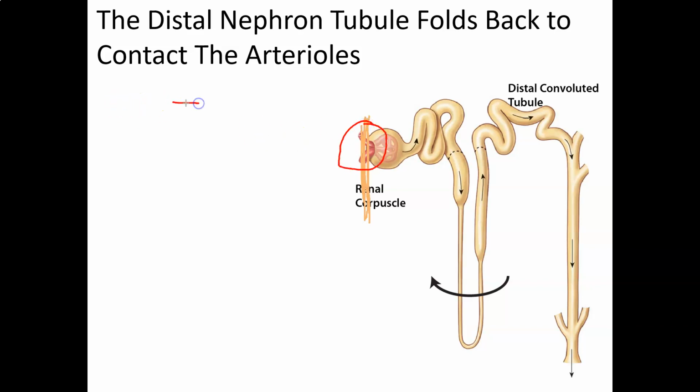And this area is called the JGA, and that stands for Juxtaglomerular apparatus. Juxta means close to, the G stands for glomerular, right? So it's close to the glomerulus, and apparatus just means it's a network of things. So let's take a closer look at that and see what happens in the JGA.